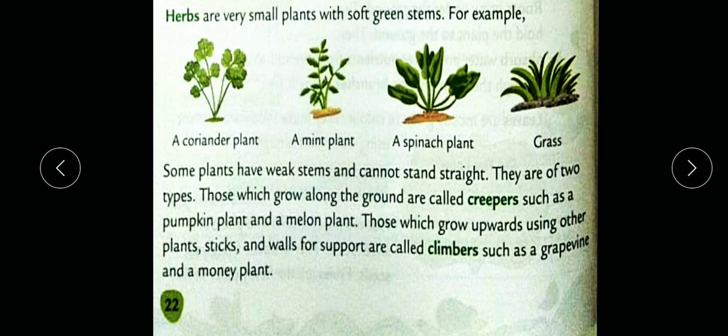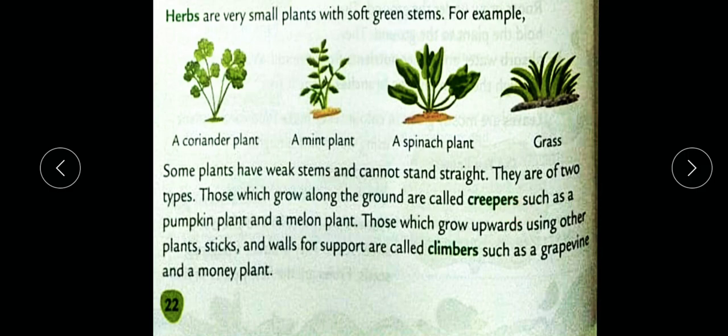Now, let's talk about creepers and climbers. So first, what are creepers? See, some plants have weak stems and cannot stand straight. They are of two types. Those which grow along the ground are called creepers.